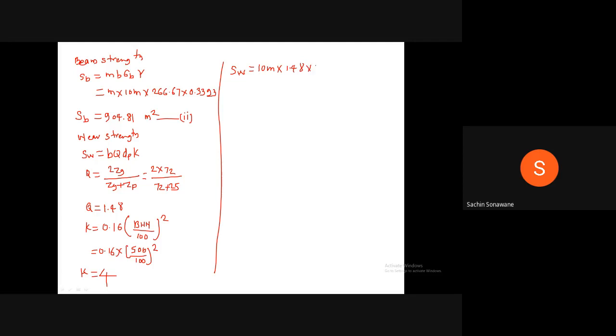Value of DP is nothing but M into ZP. M into, what is ZP? 25 into, what is value of K? 4. Therefore, calculate SW in terms of M square. 1.48 into 10 raised to 3 M square. Give this as the next equation, equation number 3.